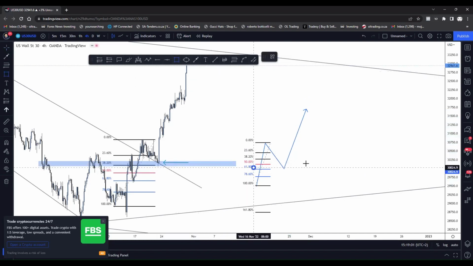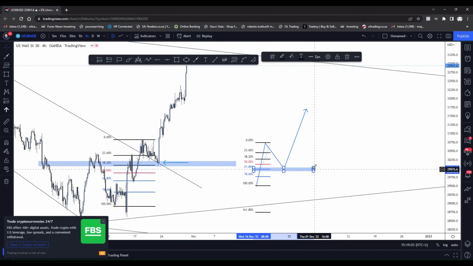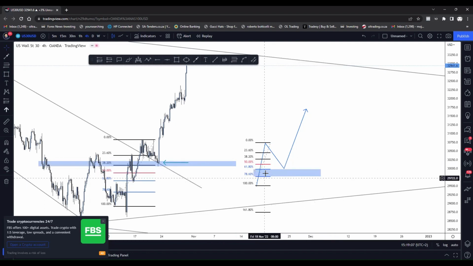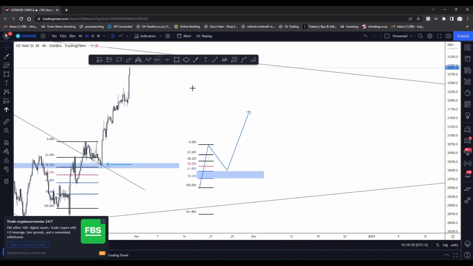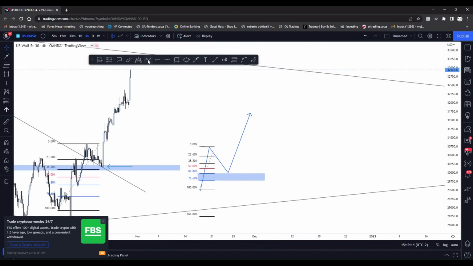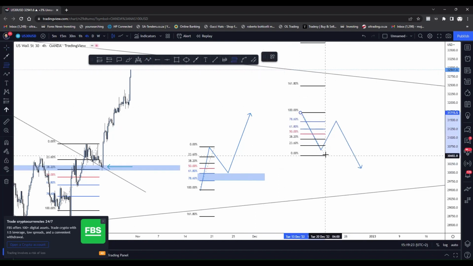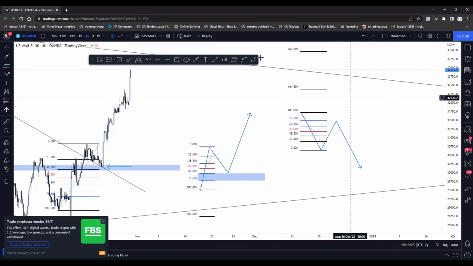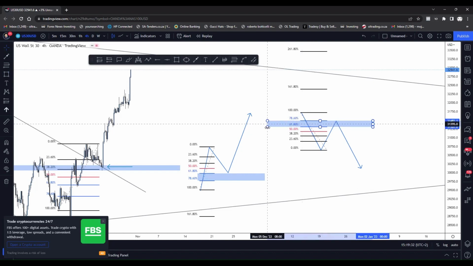Have this area. I like to take it to 78.6. And if you are in a downtrend, this is an indication of showing you guys where we are. Need to retrace and go into the continuation.